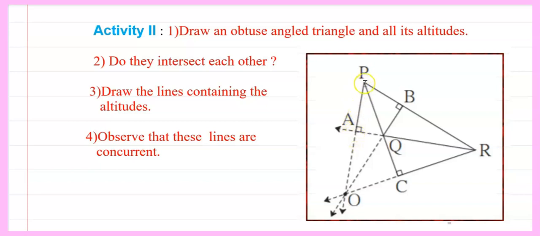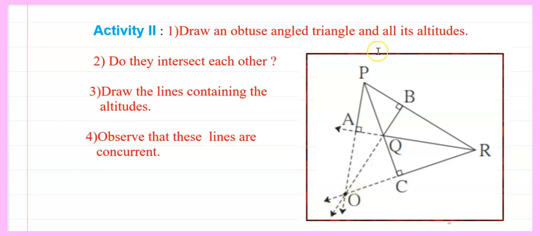But after drawing this PA, I will extend it further in the forward direction. Next, to draw the altitude from the point R, I want to extend the side PQ and then draw this perpendicular and again extend it.